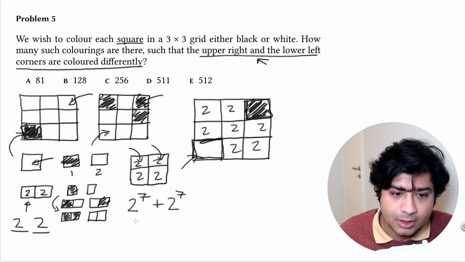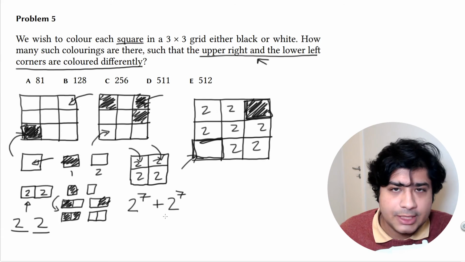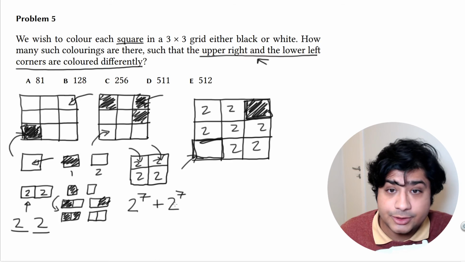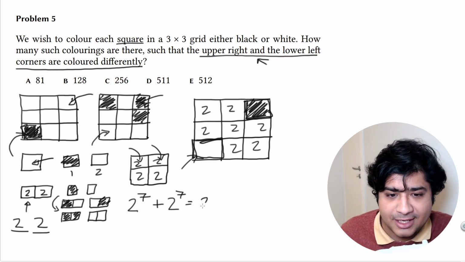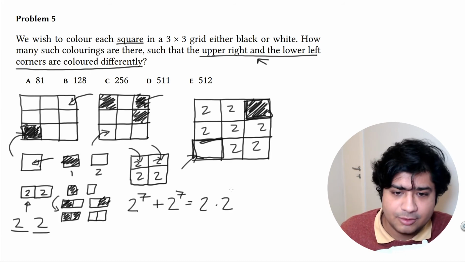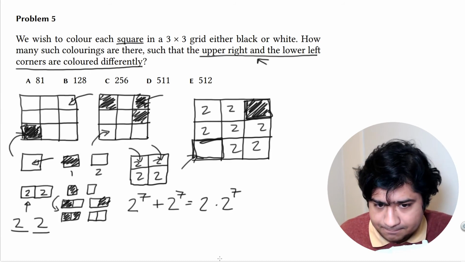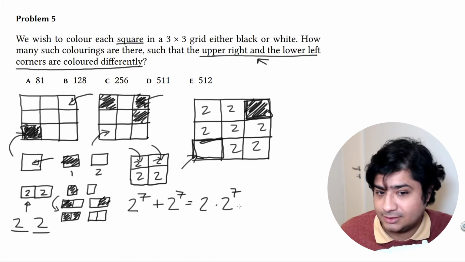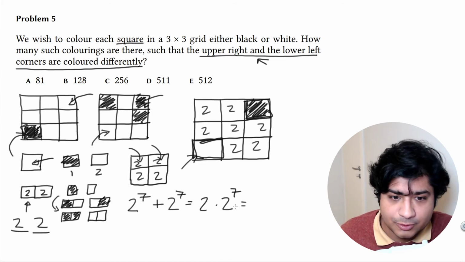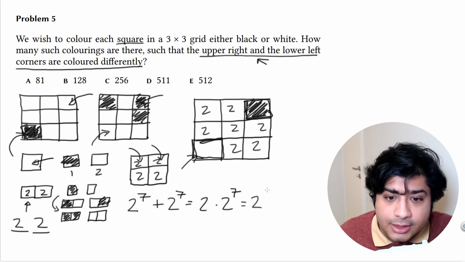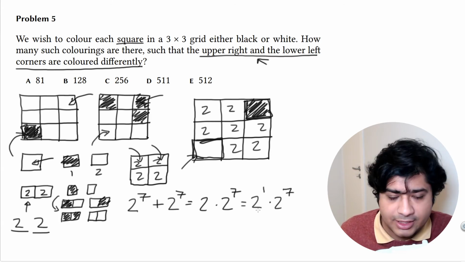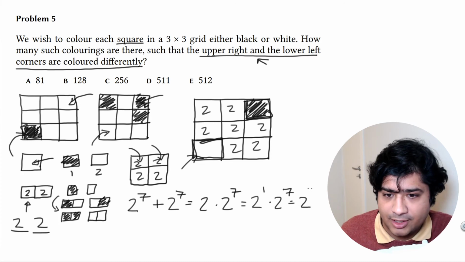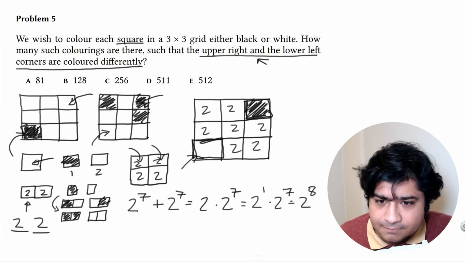So what we can do here is figure out what 2 to the power of 7 is and just multiply it by 2, right? Because this is the same as 2 times 2 to the power of 7, which, if you think about it using exponent rules, is the same as 2 to the power of 1 times 2 to the power of 7, which really is just 2 to the power of 8, right?